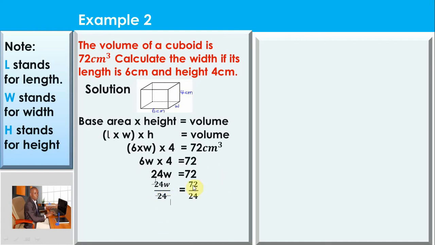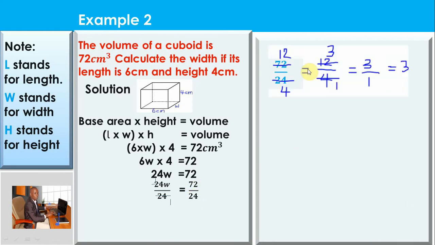Now when it comes to this one, we need to break the division, and let me divide it in the side work here so that you can understand. What have I used to divide 72 and 24? I used 6. 6 became the common factor here. 24 divided by 6, I get 4.